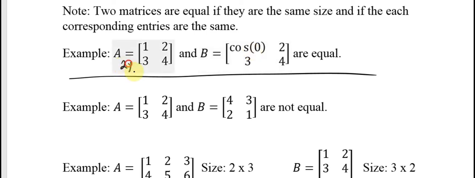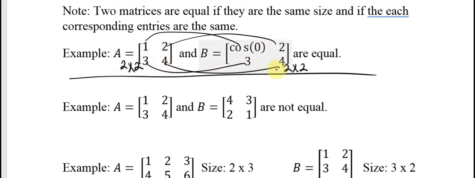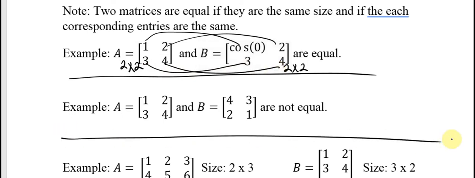It's a 2 by 2, and this is also a 2 by 2. And then each corresponding entry matches up, so they're equal.